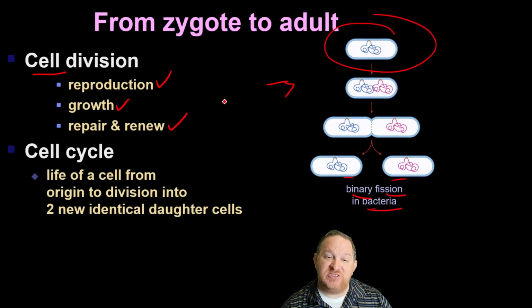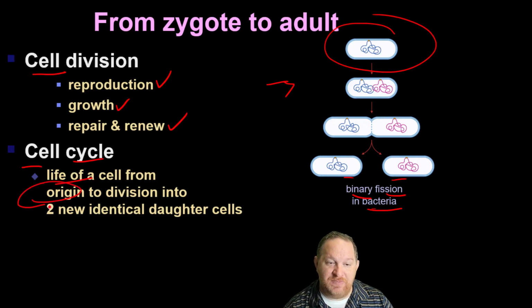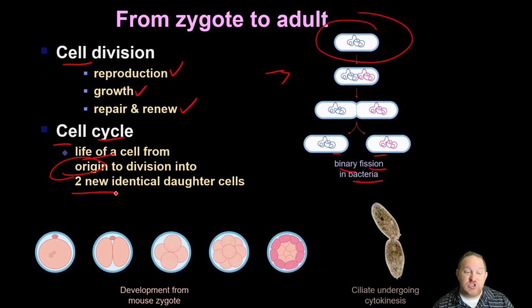So our cells divide, but the cells also have a life cycle. So the cell cycle is just the life of a cell from its origin to when it divides into two new cells. So think about back to that baby, right? Here's a mouse zygote development, right? We started as one, then we became two cells. Those divided into four. Over time, these cells will multiply and then start to differentiate.